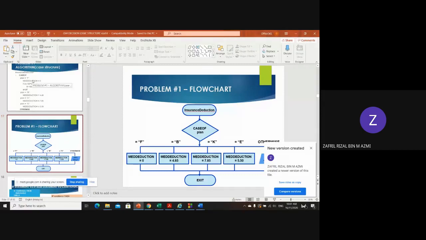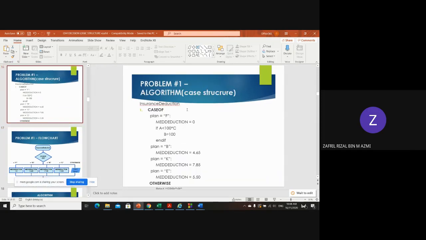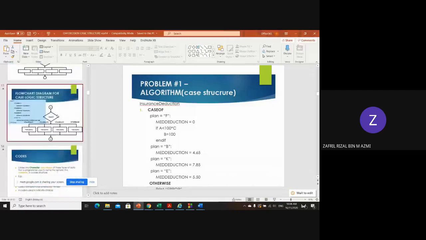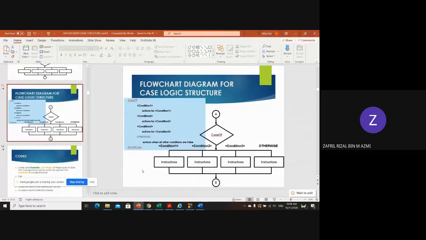During the lecture, I already asked you to convert this flowchart into an if-else type of flowchart. So this one is case structure, case of, and then what are the instructions, okay, if you still remember this one.